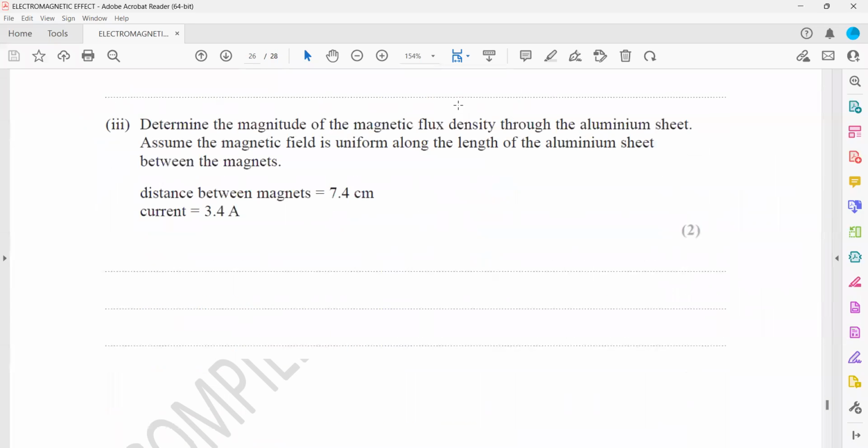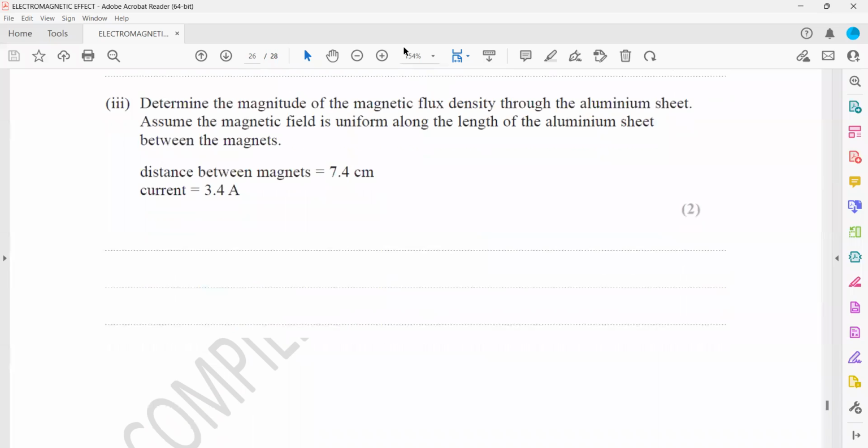Then the next part, determine the magnitude of the magnetic flux density. Magnetic flux density means the strength of a magnetic field, B. Assume that the magnetic field is uniform along the length of the aluminum sheet between the magnets. The distance between the magnets is 7.4 and the current is 3.4. So we have the formula F equals BIL.